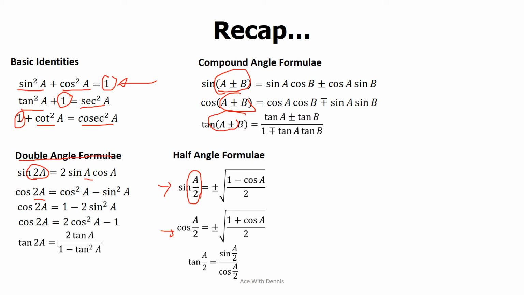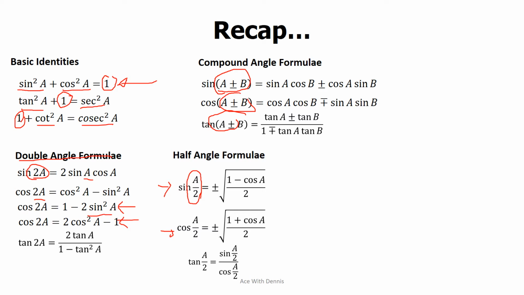One thing you need to take note of is that the half angle formula is not given in the formula list, so I don't really recommend you memorize it. What you can do is derive this formula from the double angle formulas. Just make sine the subject, where 2A becomes A, and A becomes A over 2.